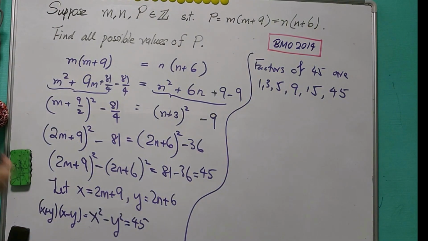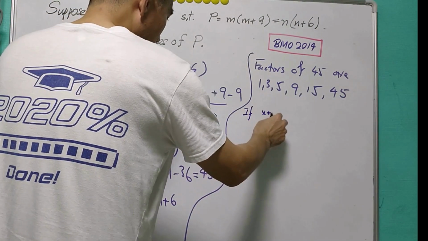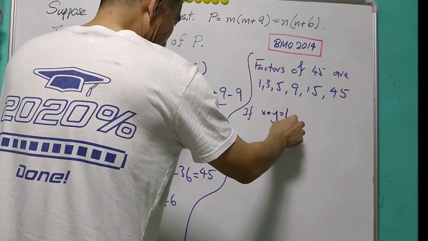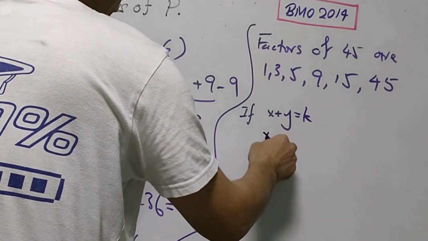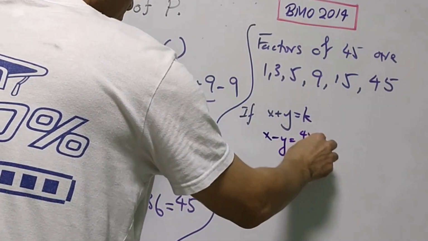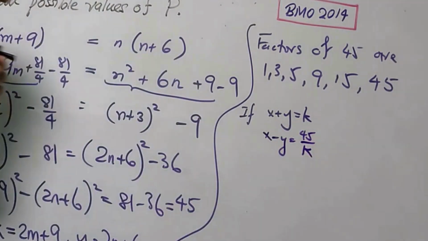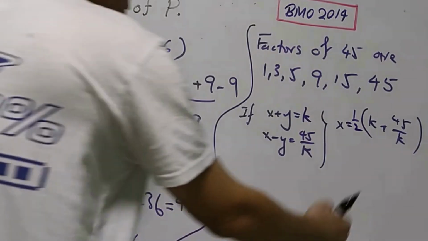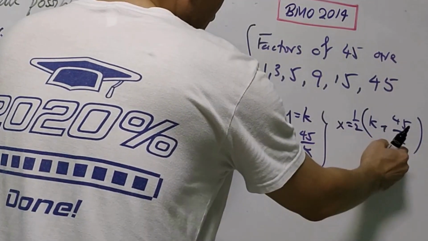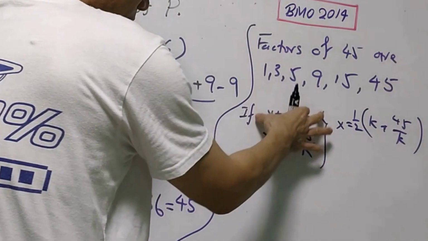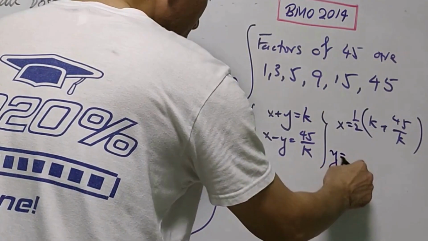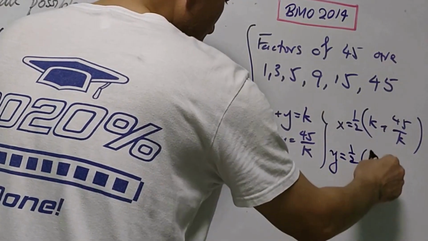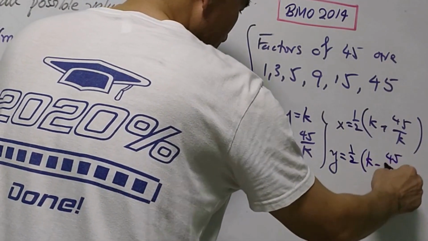It means that if x plus y equals k for some positive or negative factor of 45, then x minus y will be equal to 45 over k. Then x equals half of k plus 45 over k. We simply add these two and divide by 2 to get x. Likewise, for y, it is half of k minus 45 over k.